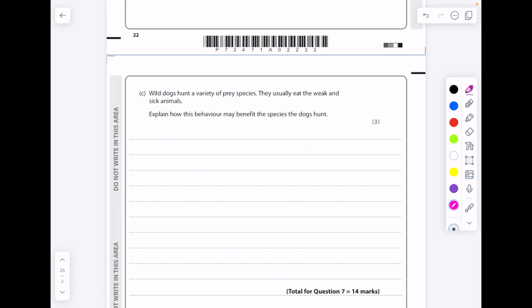Wild dogs hunt a variety of prey species. They usually eat the weak and sick. Explain how this behaviour may benefit the species the dogs hunt. Oh wow, that's survival of the fittest. Okay, so this is actually Darwin's theory of natural selection. So it means that weakest prey are eaten, meaning they're less likely to survive and reproduce.